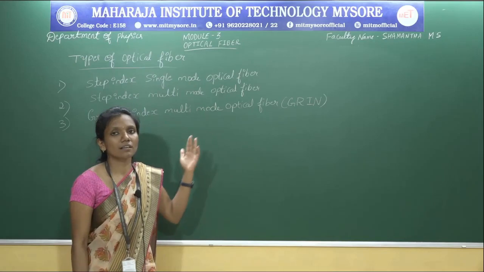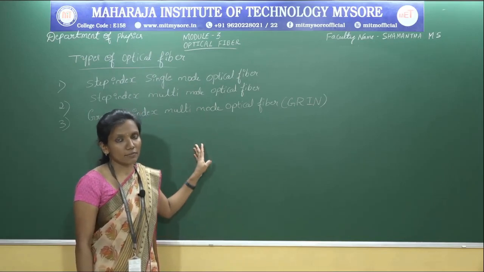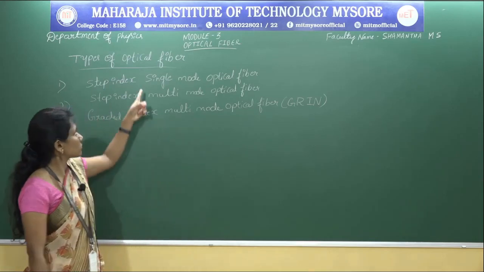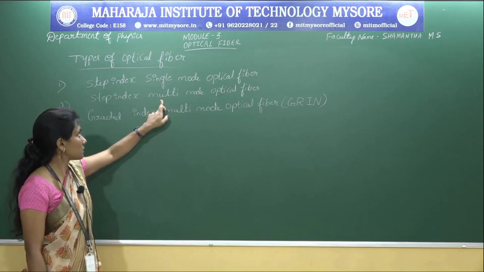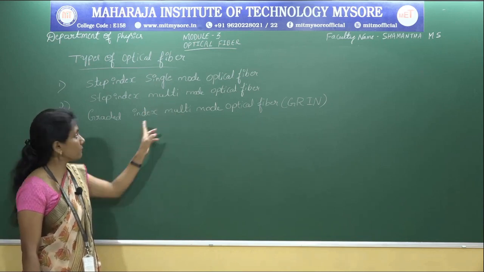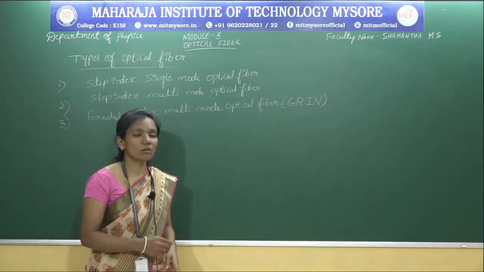This is based on the number of modes which can travel inside the optical fiber. So: step index single mode optical fiber, step index multi-mode optical fiber, and graded index multi-mode optical fiber. Now let us study one by one.